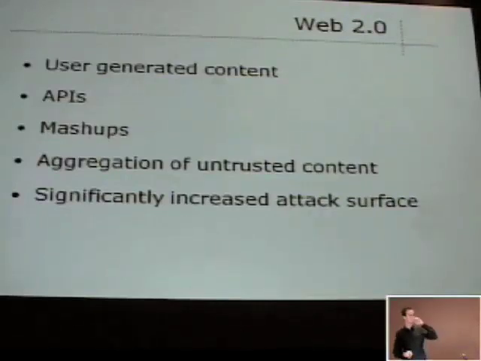And the main point is that because of this aggregation and the distributed nature of these applications, you have a significantly increased attack surface compared to the traditional websites that contain nothing but HTML, and you throw it up on GeoCities, and there is no real big risk. These new architectures are a lot more interesting to break.